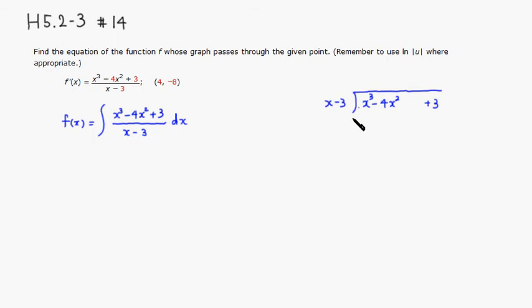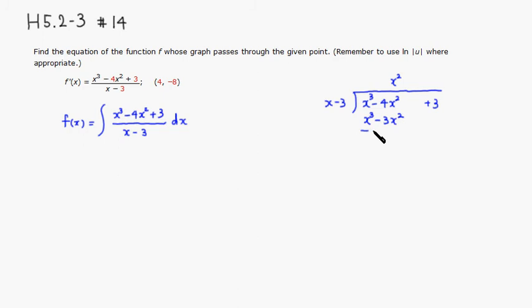So you have x cubed, and we want to see how many x's we can squeeze into x cubed. That'll be x squared. x squared times x is x cubed, minus 3x squared.